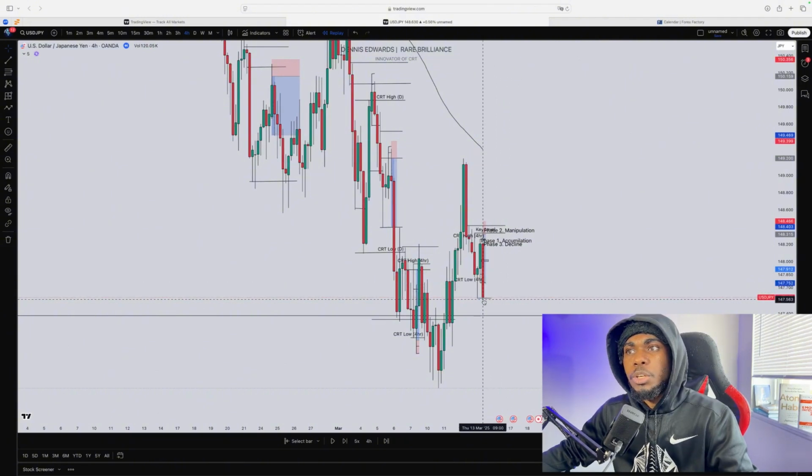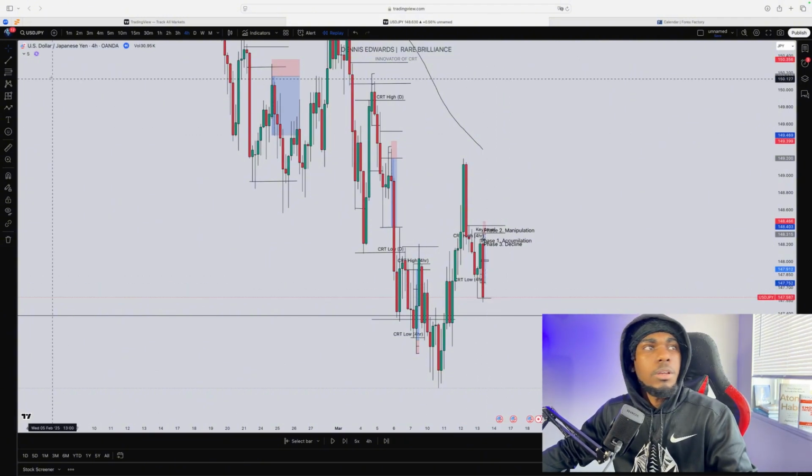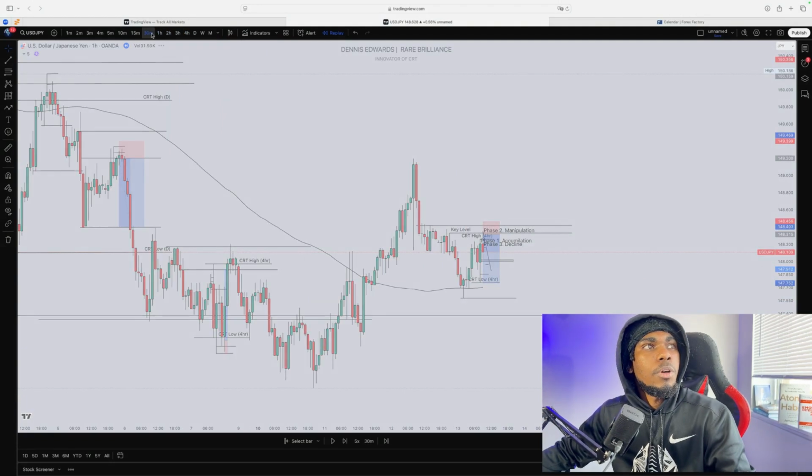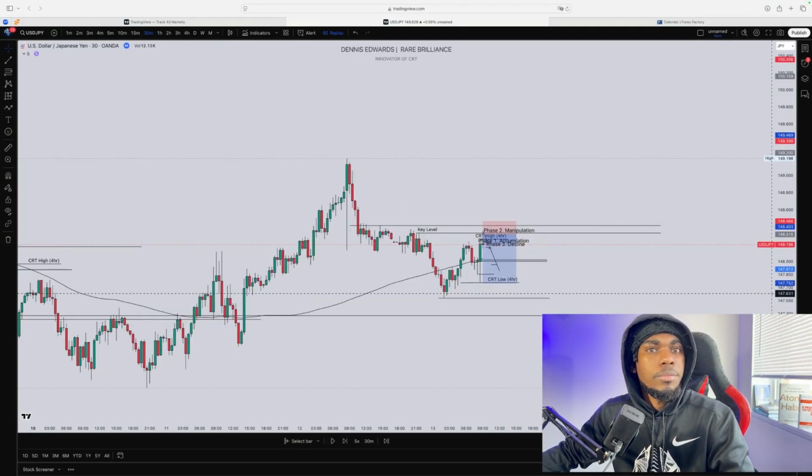Now you can see price did end up coming all the way down, but let me show y'all on the lower time frame so you can read how the trade went overall, right?